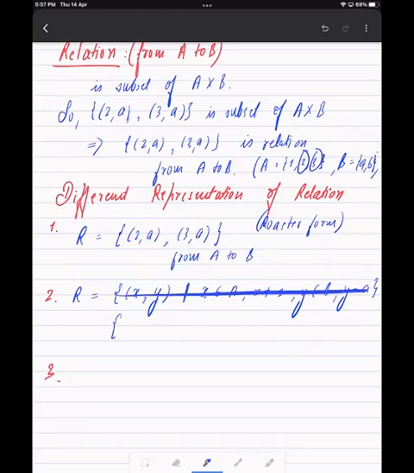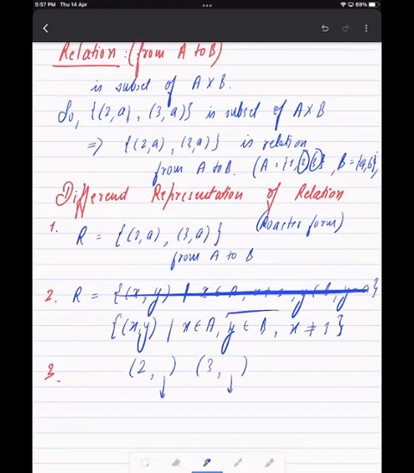Let's say if I would have written x, y and X belongs to A, Y belongs to B, and X is not equal to 1. So here there is a confusion. You are saying X is not equal to 1, which means X can be 2, X can be 3. But what about the option Y? You are saying Y belongs to B, means Y can be a, Y can be b.